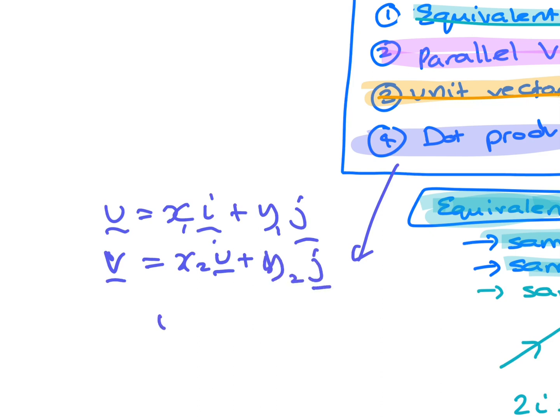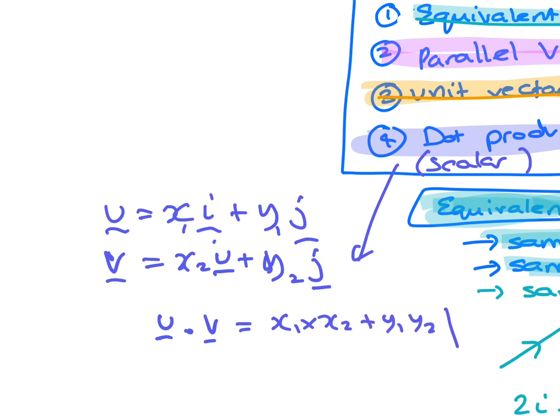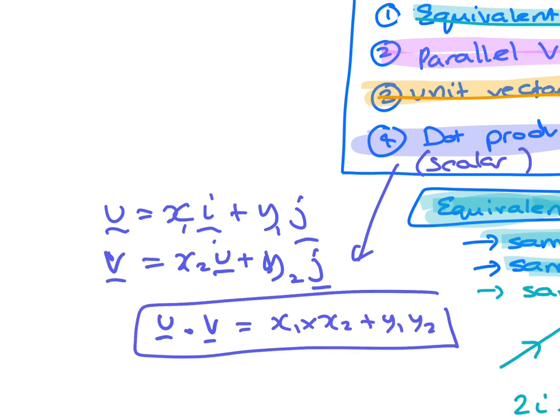If you did u dot v, that's the dot product. It's also called a scalar product because the result is a scalar. So it'll be x1 times x2 plus y1 times y2. Now that is actually on your formula sheet.